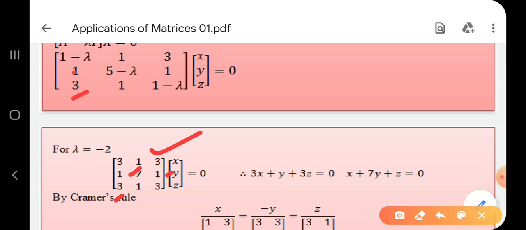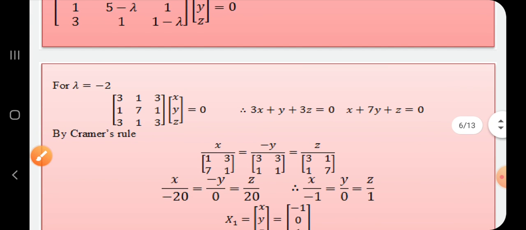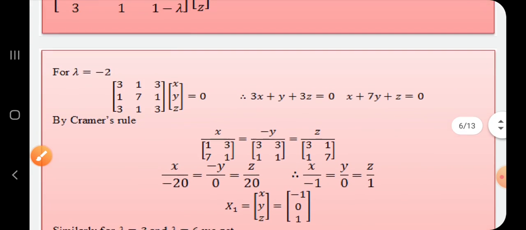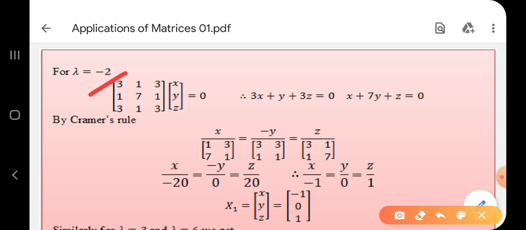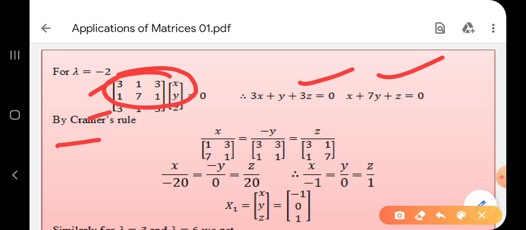Then 3, 1 and 1 plus 2 again 3. If you see here, the first and last rows are the same, so only 2 rows are there. Use those 2 rows and, by using Cramer's rule, find the eigenvector for lambda equal to minus 2.